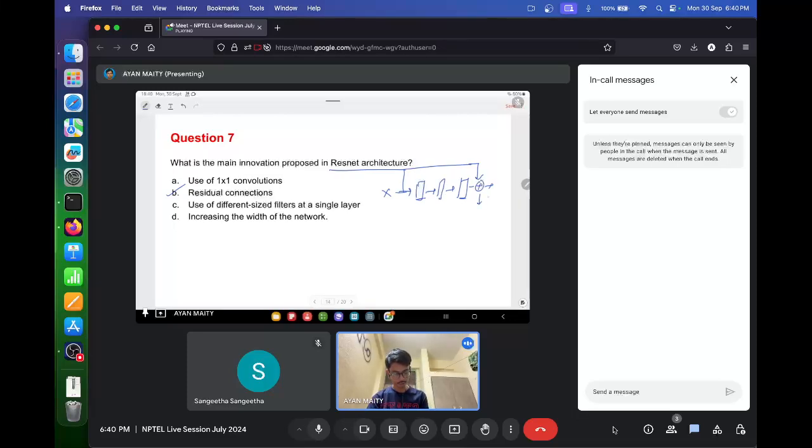So this X is added to the output here. So we can literally skip all these layers and add this X to the output, so that it can easily model the identity function, which generally improves the performance of the networks. So that is a residual connection, and it is the main innovation proposed in the ResNet architecture.